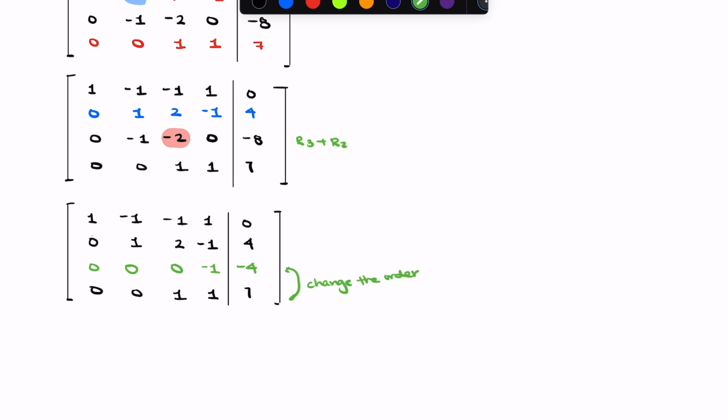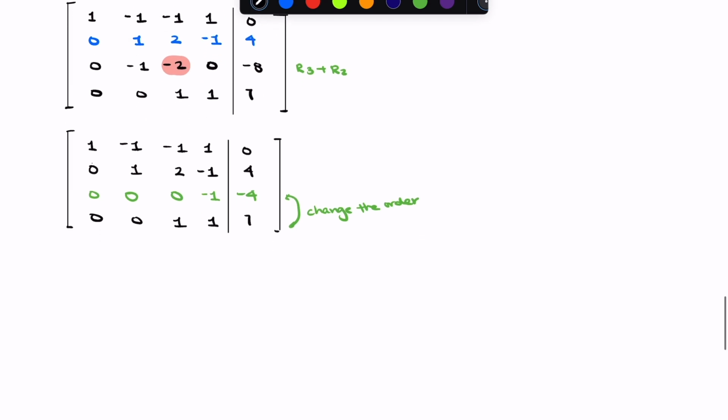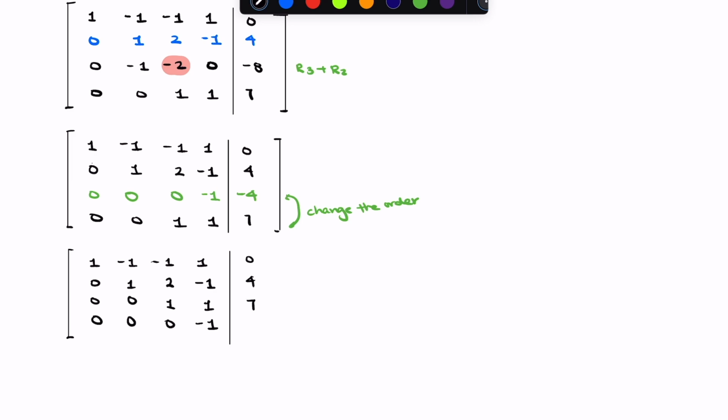Okay, so if we rewrite that based on the change, we'll have 1, -1, -1, 1, and 0; 0, 1, 2, -1, and 4; 0, 0, 1, 1, and 7; and 0, 0, 0, -1, and -4.